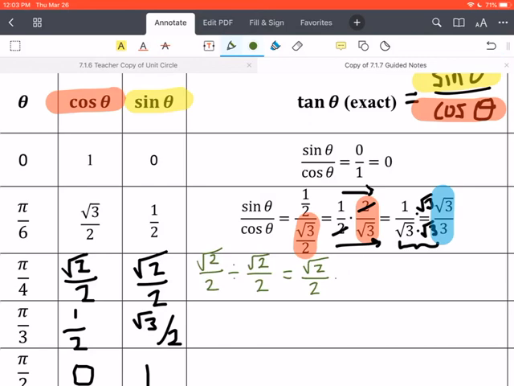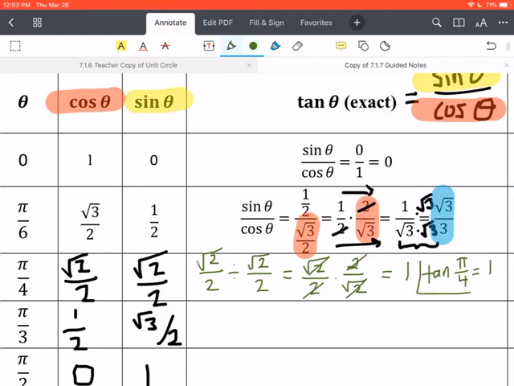What's the reciprocal? It's going to be 2 over root 2. So I love this because we can see that our 2's cancel out, our root 2's cancel out. So what are we left with? We're left with 1. So the tangent of pi over 4, I'm not going to write this every time, the tangent of pi over 4 is 1.